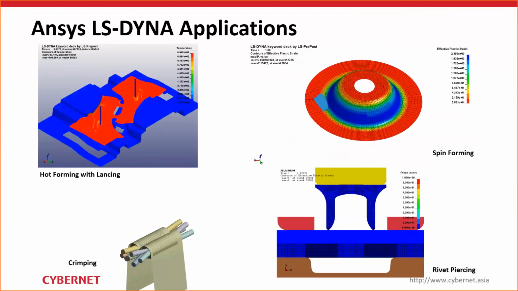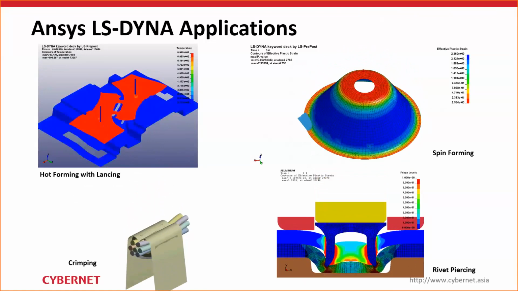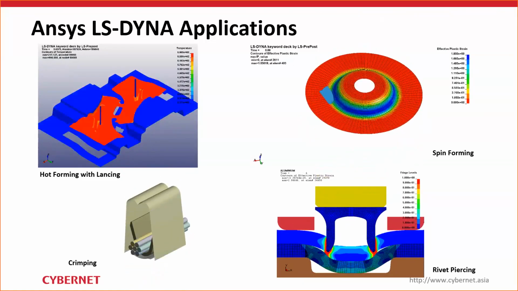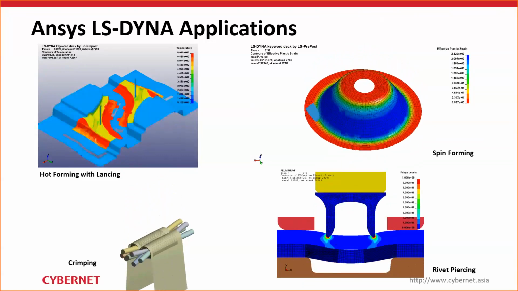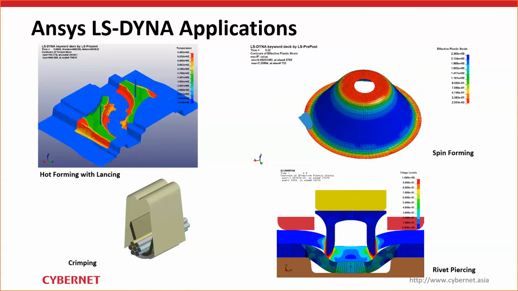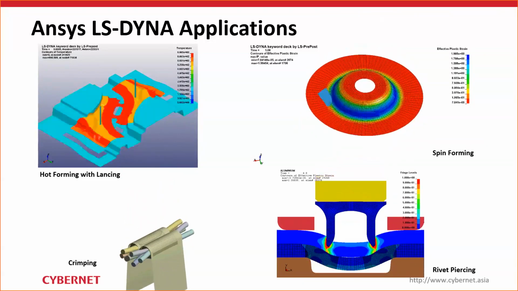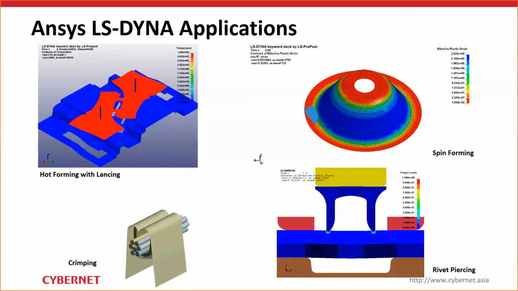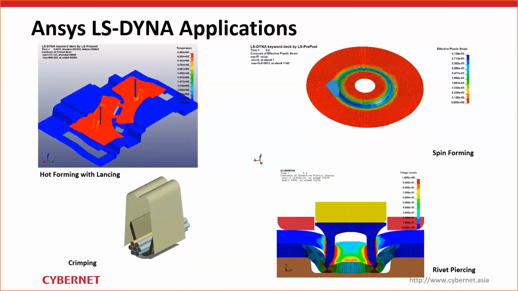Okay, now these are some of the animations for the applications that I mentioned in the previous slides. Say, for example, this hot forming here is one of the manufacturing processes that is very suitable to do analysis on. In this case, we need to find the material thinning or springback effects. All of these factors need to be identified in order to properly design the mold for the forming.